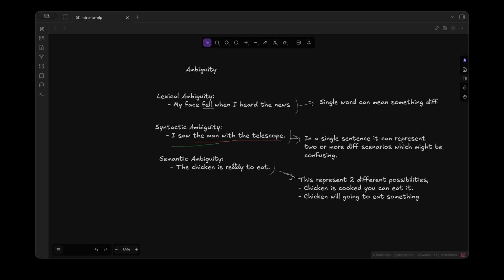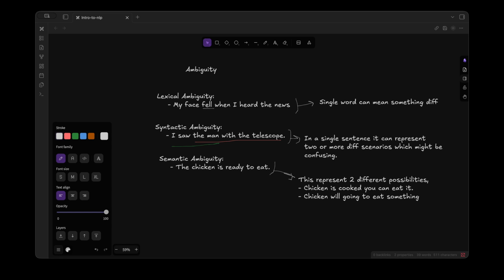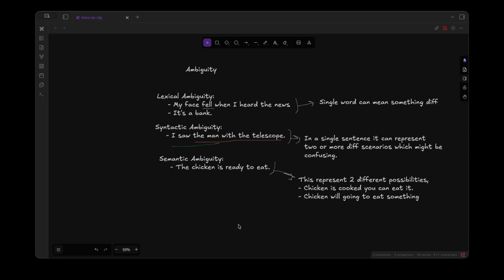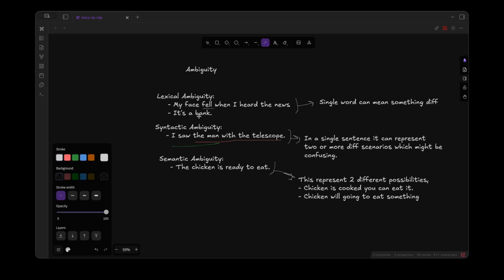And in lexical analysis, if you are taking something literally, let's say a bank, we don't know what bank we are talking about, right? What do I mean by bank?